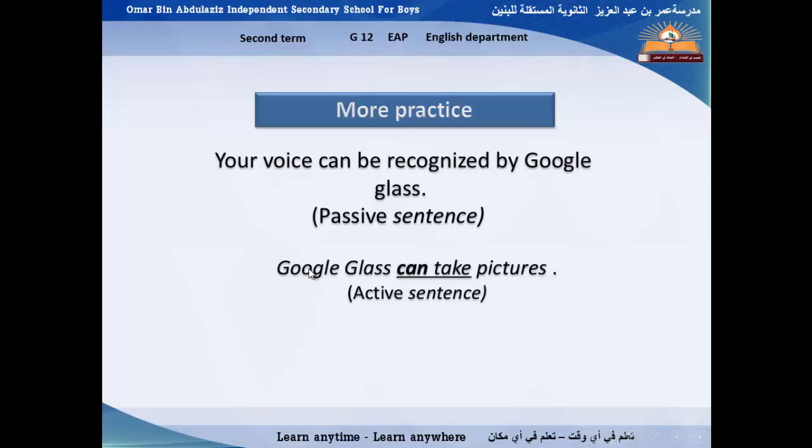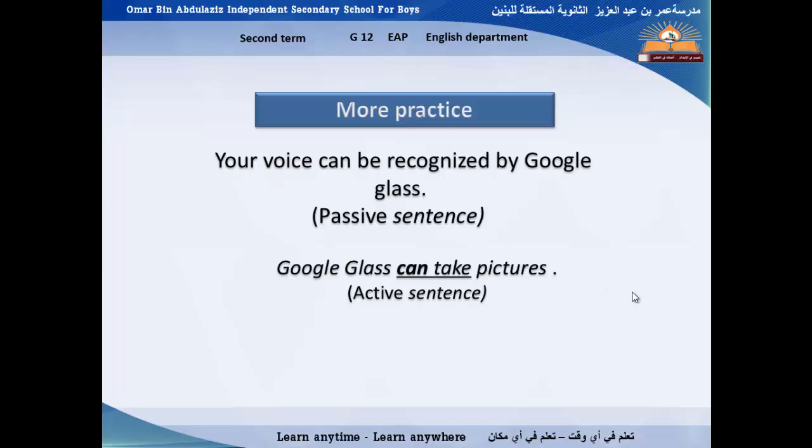Number 3, when we say Google Glass can take pictures, this is an active sentence. What shall we say to make it passive? Where is the object? The object is the word pictures, so I have to start with it. Then can be, then the past participle of the verb take.